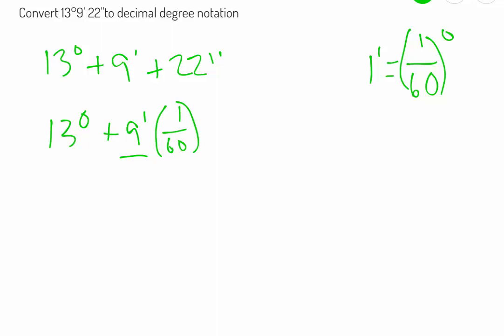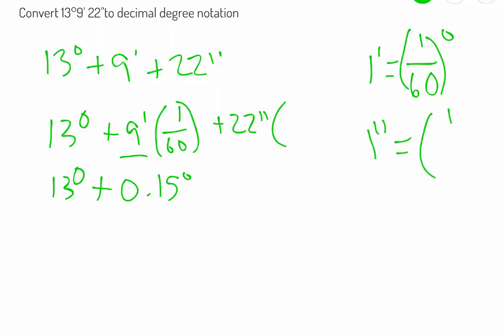We drop down the 13 degrees we started with. 9 times 1 over 60 gives us 0.15 degrees, so 9 minutes is 0.15 degrees. We do the same thing for the 22 seconds, multiplying by a conversion to switch that to degrees. We need to know that 1 second is equal to 1 over 3,600 degrees.